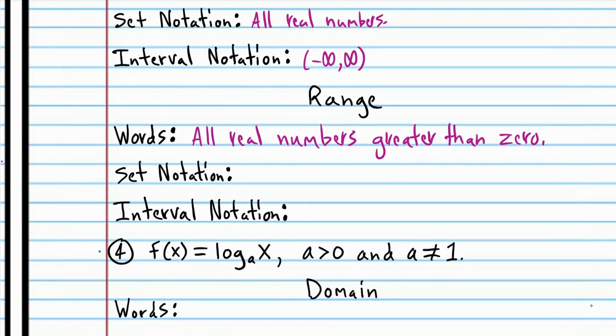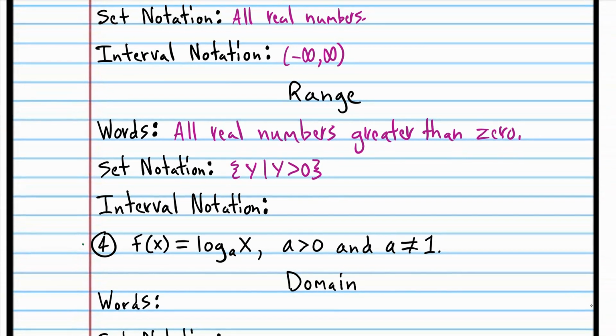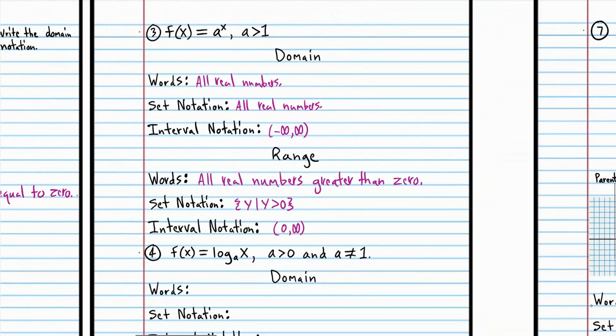And in set notation, we say the set of all y values such that y is greater than 0. In interval notation, we write a parenthesis, 0, comma, infinity, and then another parenthesis.